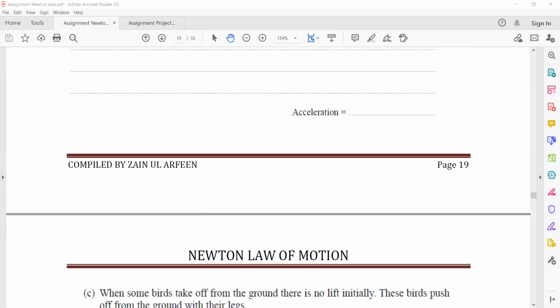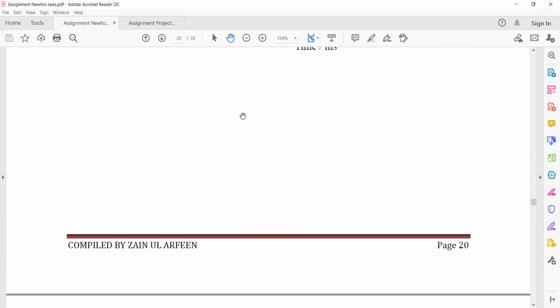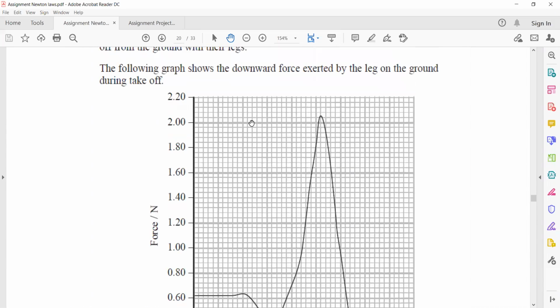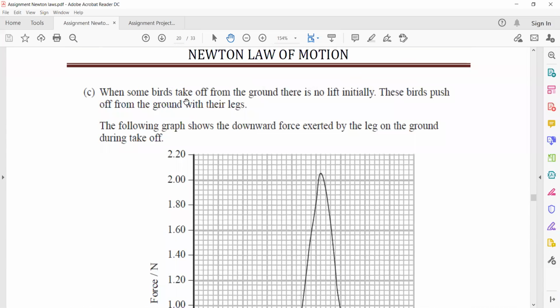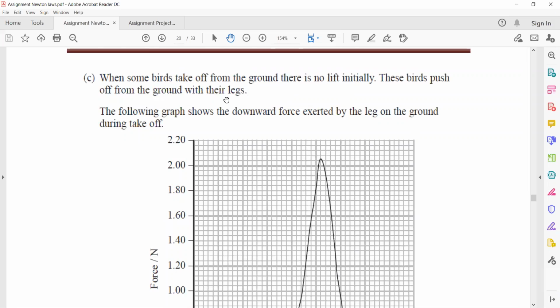The next question is on page 21. Okay, this graph is there. You can see when some birds take off from the ground, there is no lift initially. These birds push off from the ground with their legs.